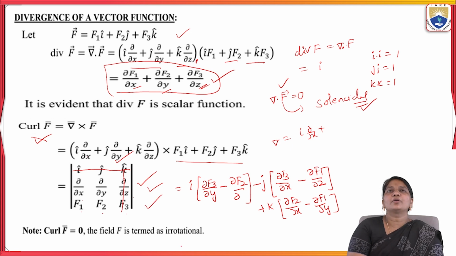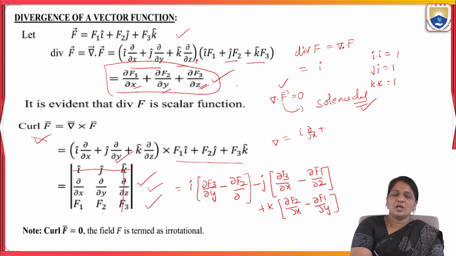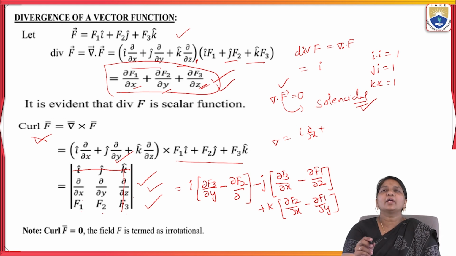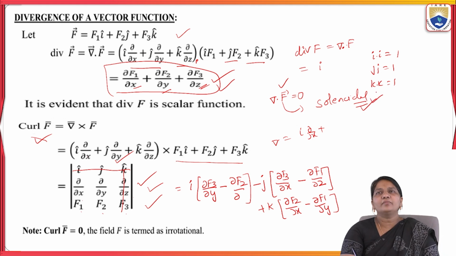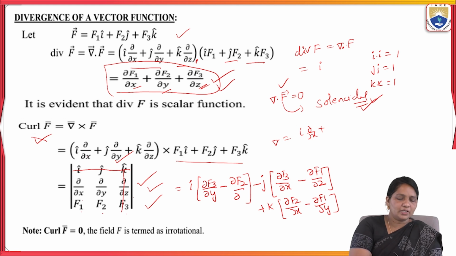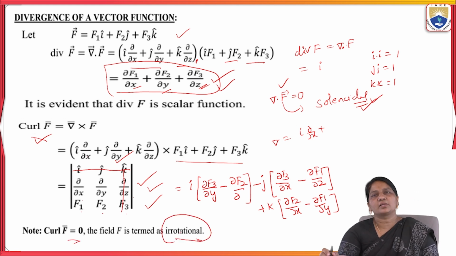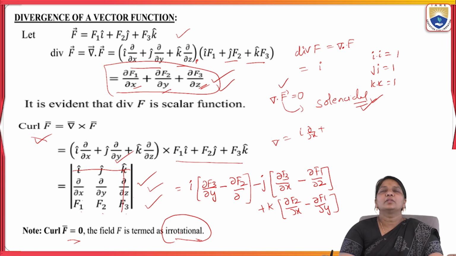If it asks to find the divergence of that vector function, we have to use this formula. If the divergence value is 0, we can call it solenoidal. If curl F is 0, that function is irrotational. In a problem, if they say it is irrotational, we can directly write that the curl F value is 0.